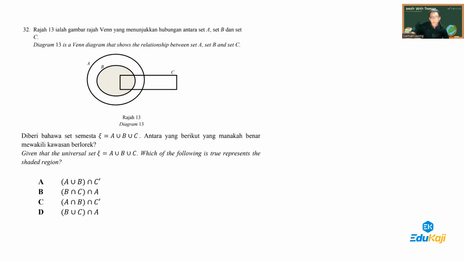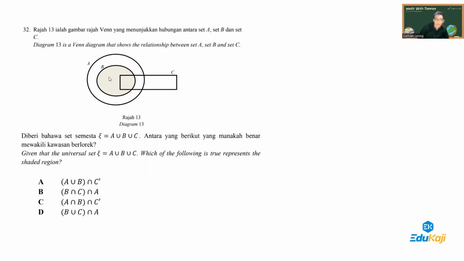I have a Venn diagram here showing the relationship between set A, set B, and set C. So given that the universal set is A union B union C, which of the following is true representing the shaded region?